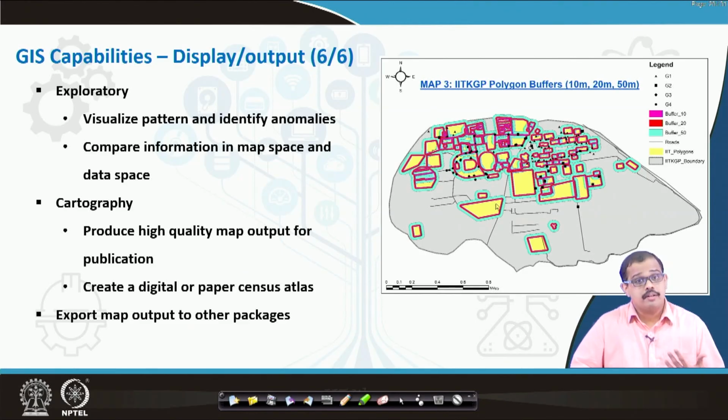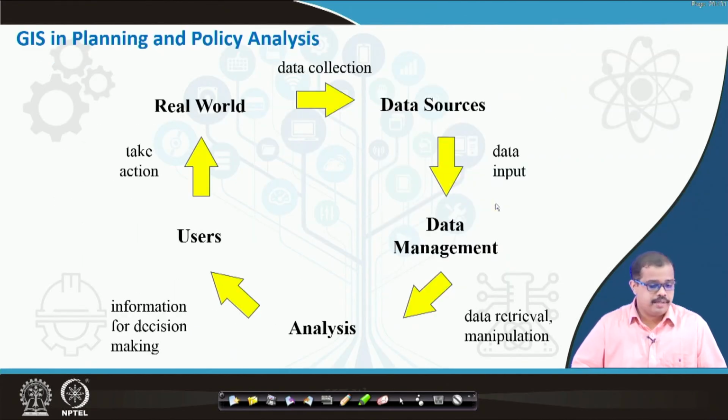Export map output to other packages. Interoperability is an inbuilt feature in any GIS software, so that can be done. So GIS can be used in planning and policy analysis. For example, I started with the real world, how we collect data and what the different sources are; this I will speak about in the next class.